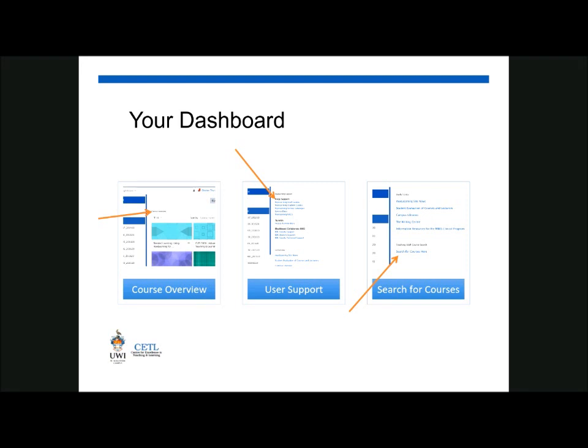Those 3 parts comprise the area that we call the user support area, where you'll see things like myeLearning staff guides, the student guides, basically your help, your user support. There's an area called the course overview, and there's an area that will allow you to search for your courses, which either appears at the bottom of the page or to the right side.